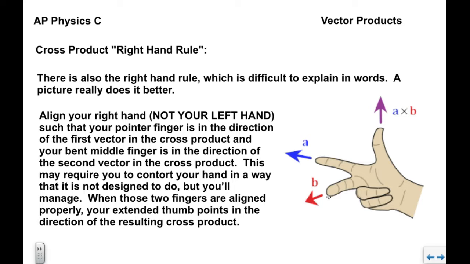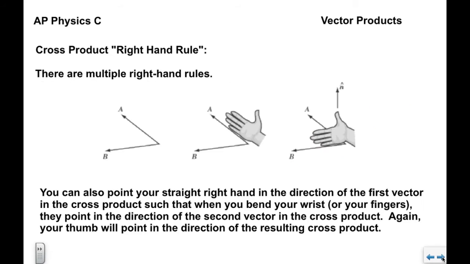So we will demonstrate that in class with multiple cross products. There's another version of the right hand rule. If you point your straight right hand in the direction of the first vector A, and then curl your fingers or bend your wrist so that they point in the direction of the second vector in the cross product, again your thumb will point in the direction of the resulting cross product.